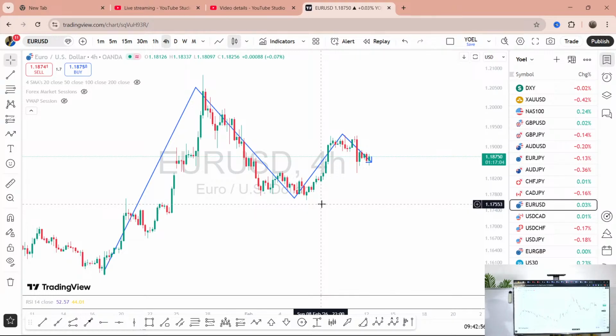Okay, now the question is, is it a tradable range? If you say it's ranging, is it a tradable range? Looking at it from 4 hours, from the eye of 4 hours, is it tradable? Is it tradable or not? It's tradable. Why do you say it's tradable?